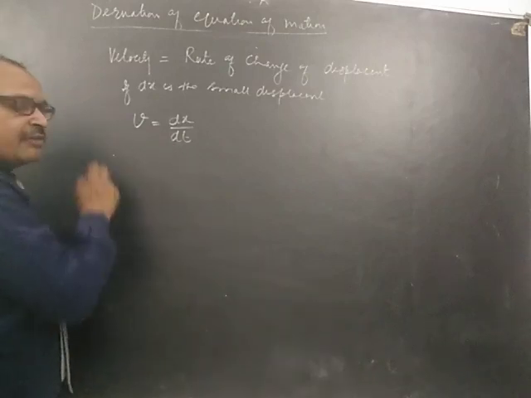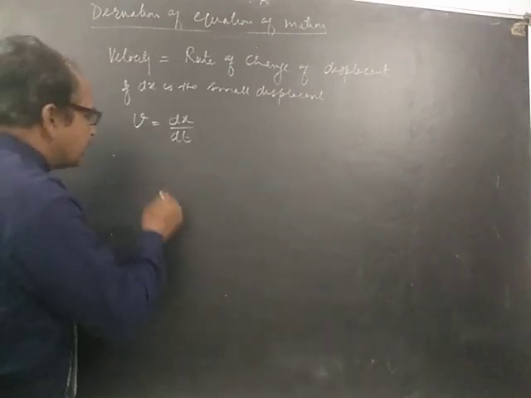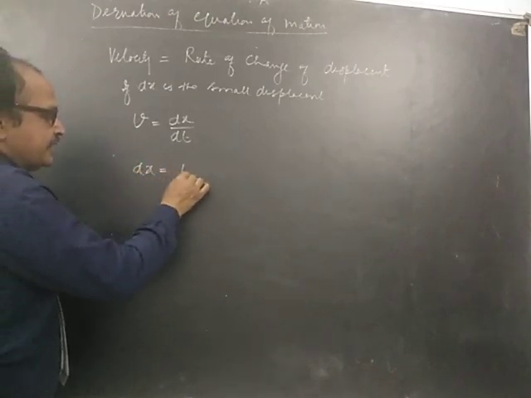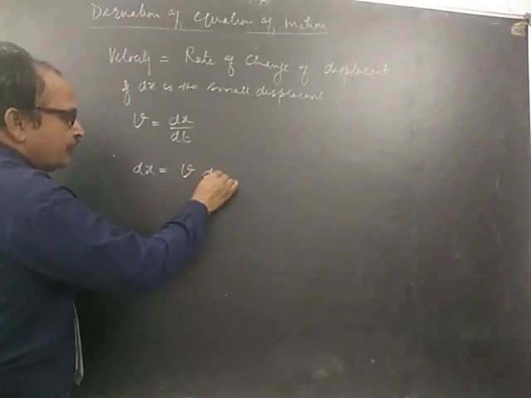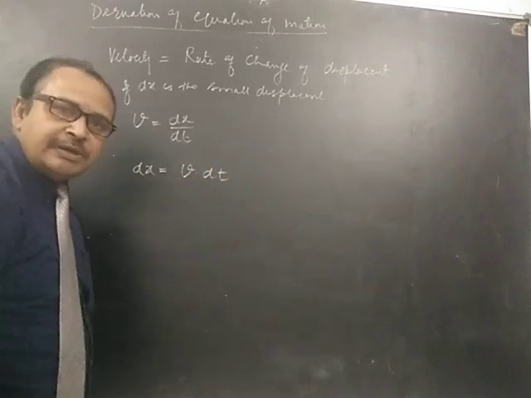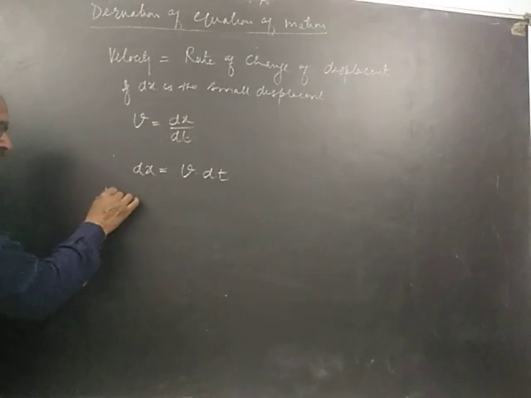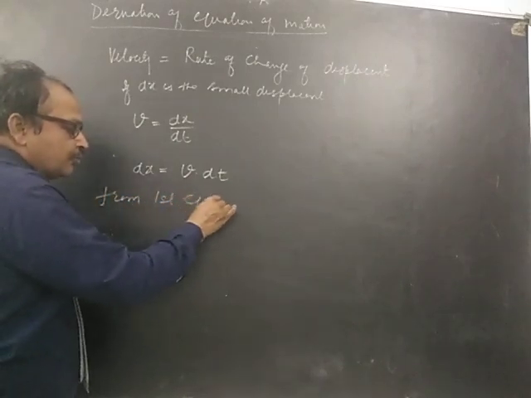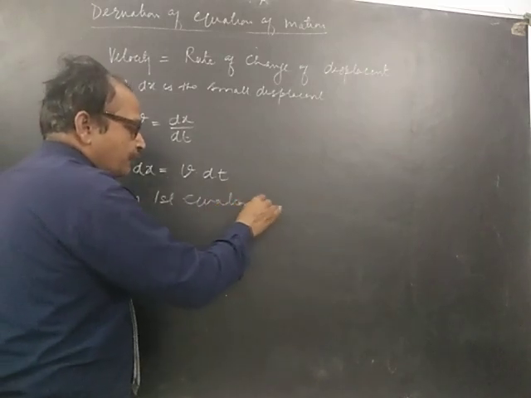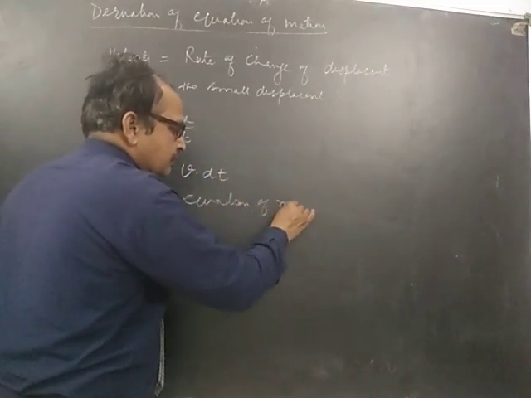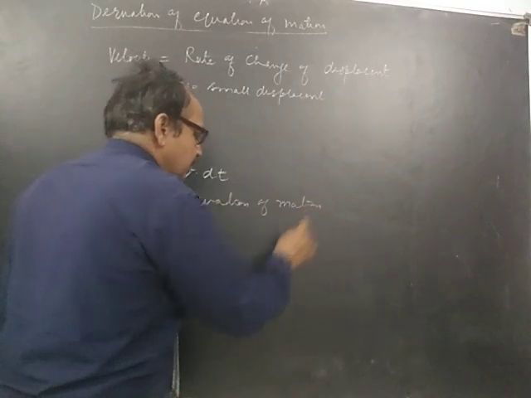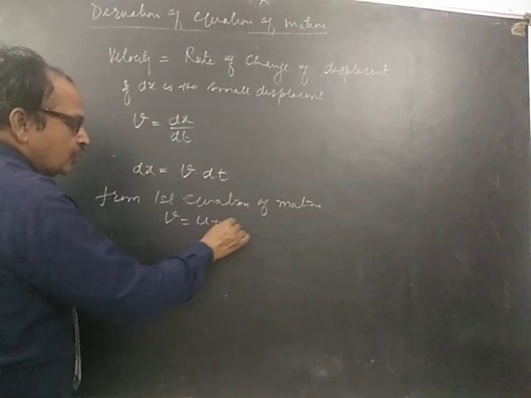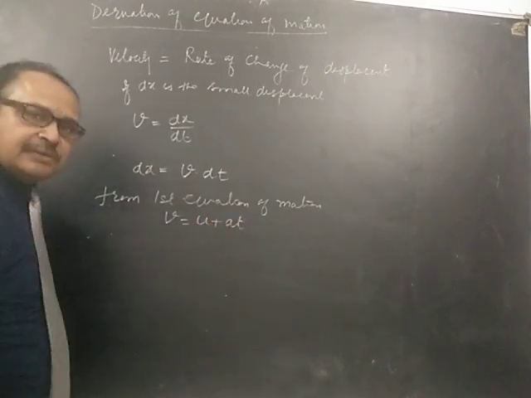So straight away, we cross multiply, and we get dx is equal to V into dt. From the first equation of motion, you all know that V is equal to U plus AT.